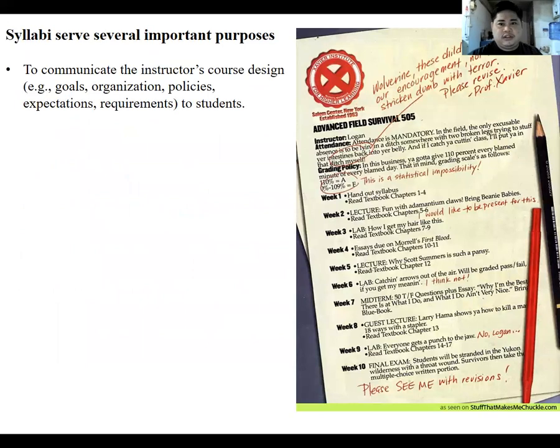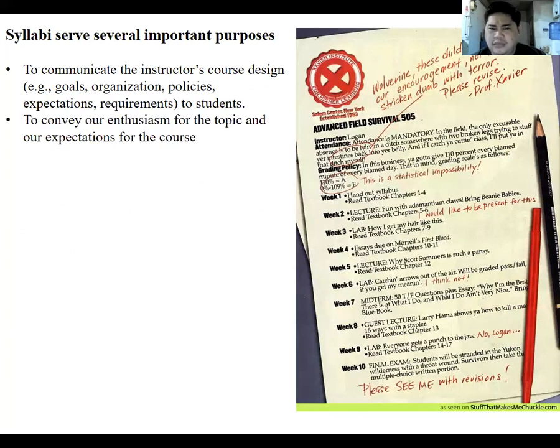So the syllabi serve several purposes. These are the following. The first one is to communicate the instructor's course design. In the course design, included there are the goals, organization, the policies, the expectations, and the requirements to students.